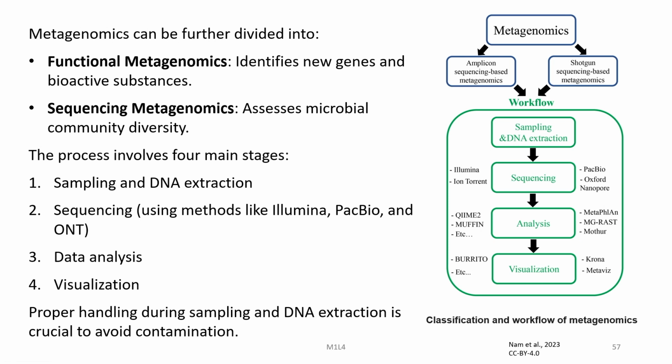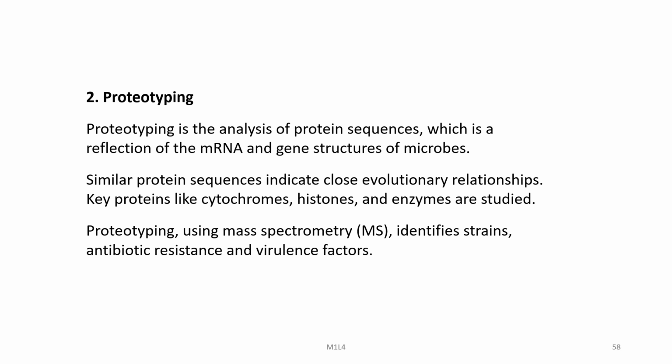Then comes the sequencing, where we have different platforms available. Commercial providers and vendors help us in this step. Then we go for the data analysis step, and finally the visualization. Proper handling during sampling and DNA extraction is crucial to avoid contamination, and it would give confusing or false results.